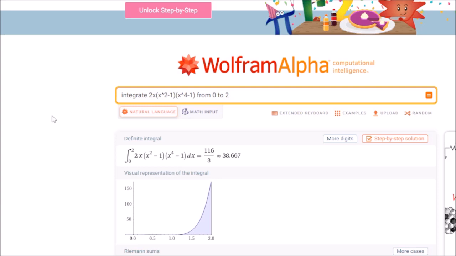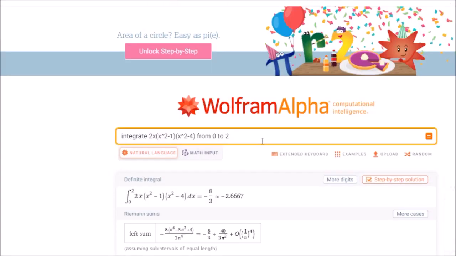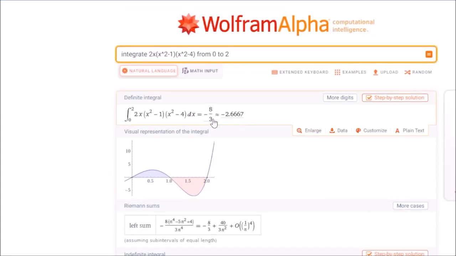Okay, so this is an absolute value mistake then. Oh, I'm so stupid. I miswrote it. Okay, so negative. So that's what I got. So yeah, this must be an absolute value mistake. This has to be an absolute value mistake.